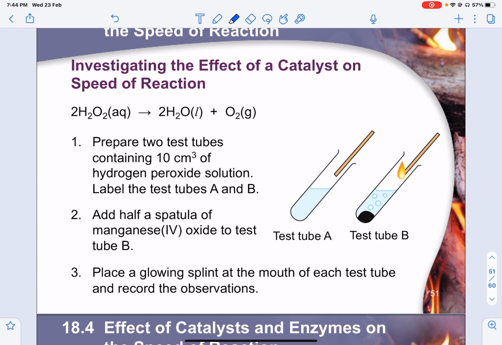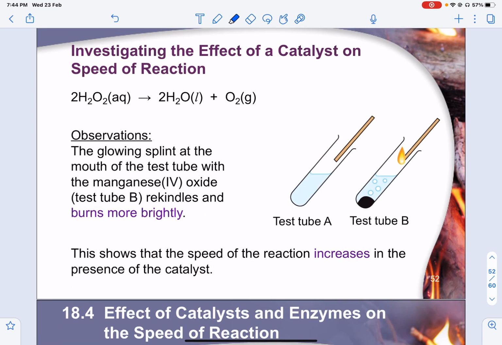We can test it because it will produce oxygen gas, and oxygen gas will be able to relight a glowing splint. If we put in a glowing splint immediately, we can see that the test tube with the catalyst produces oxygen very fast. Whereas if you wait a few more minutes, you'll see that test tube A will also light up the splint, but it's slower.